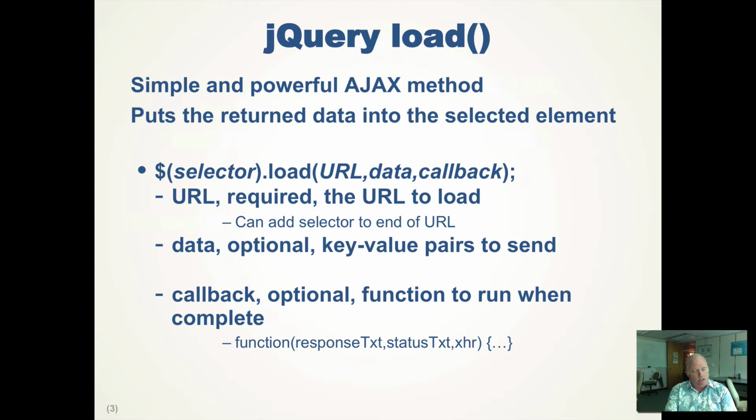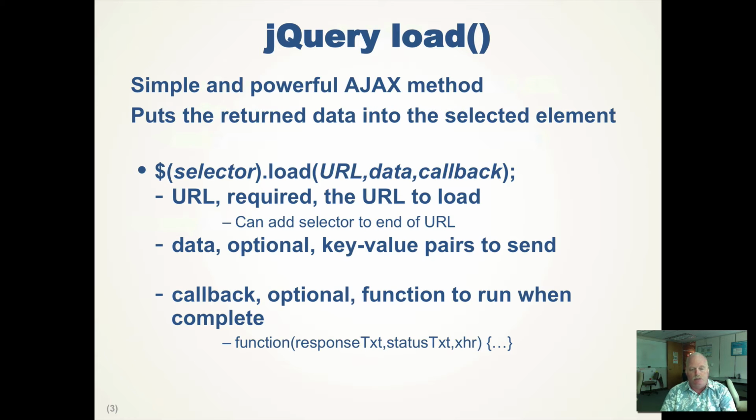So you use, again, the $ selector, call the load method, and provide a URL, where you're going to make your GET request, the optional data that you want to supply in the GET request, and then a callback function, the optional function that gets the response text, status text, and the XML header. The function will run when the load is completed.